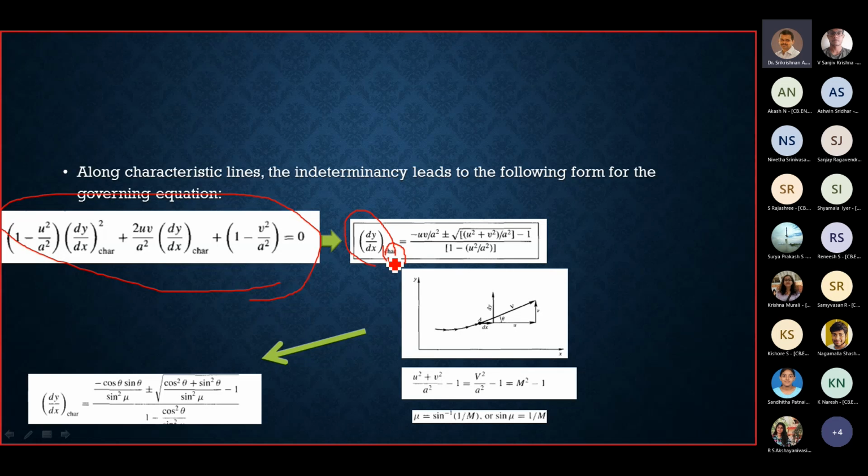So along the characteristic lines, dy/dx can be calculated using a formulation similar to this one, for equations of this type, with the standard terms which come inside the square root. Such equations obviously will have two roots, one corresponding to the plus sign and the other corresponding to the minus sign, because it's a binomial equation.